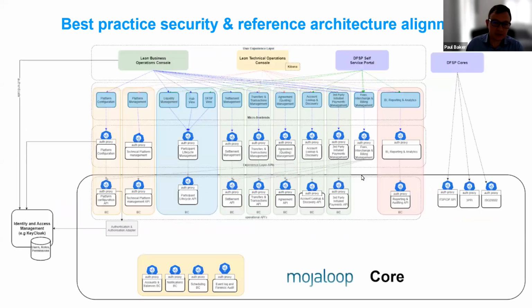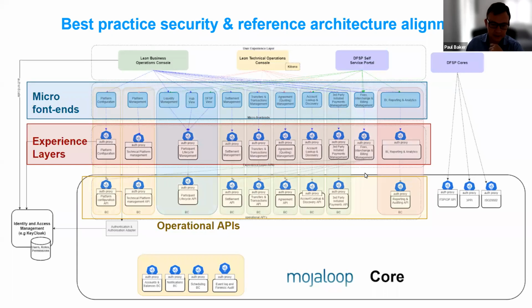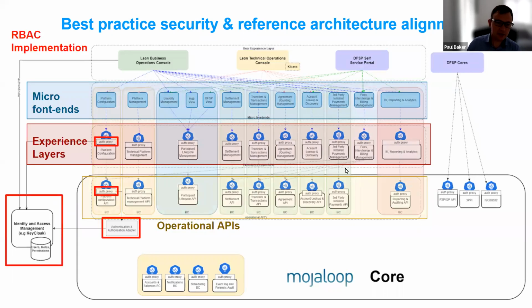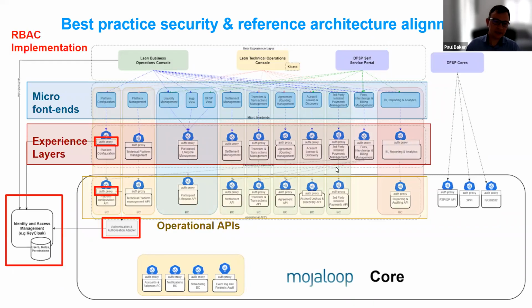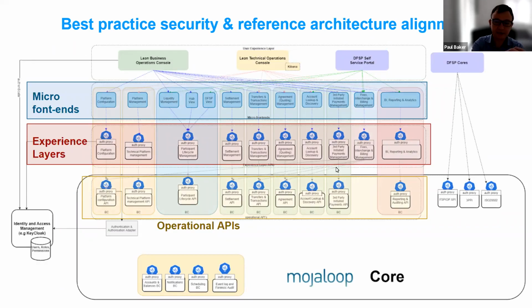Next, I would like to look in a little more detail at the reference architecture. Some of this, I think, Brian covered earlier. Three things I want to highlight: there are three layers that we're illustrating here: operational APIs, experience layers, and micro frontends.